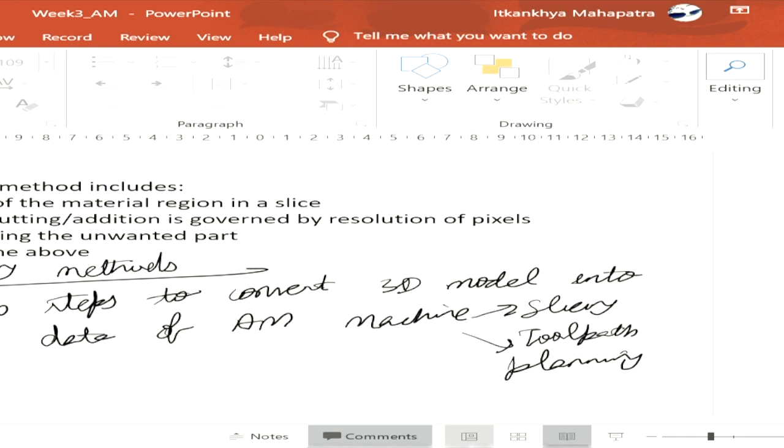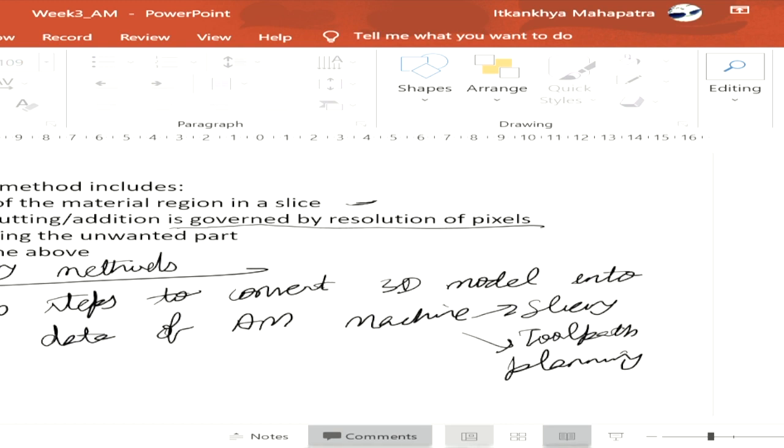Negative of the material region in a slice does not accurately describe the grid cutting method. Material cutting or addition is governed by resolution of pixels is one of the correct explanations. Each grid cell or pixel can be manipulated, added or removed based on the resolution of the image, meaning that changes are made on a pixel by pixel basis.